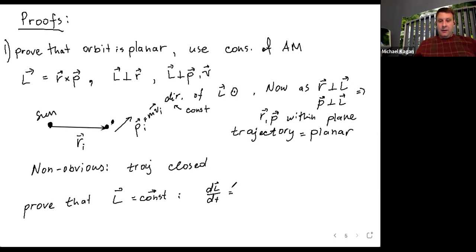But if you recall that the time derivative of angular momentum is the torque, and the only torque that can possibly be here is that by gravity. Now, what is it? This is R cross F_G. And what is this cross product?